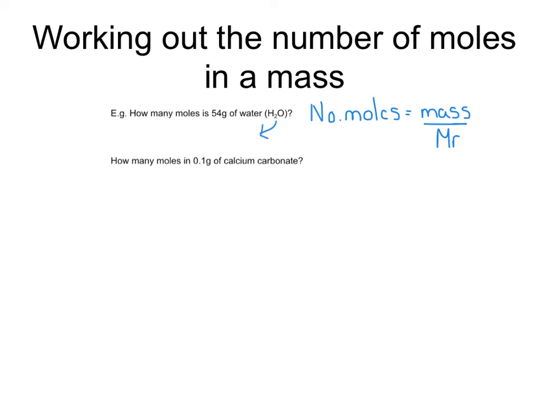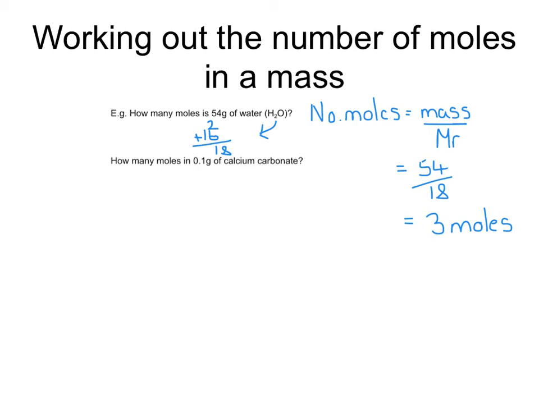I've got 2 hydrogen and 1 oxygen, so I'm looking at their top numbers. When I add them together, this adds to 18. So if I say I've got 54 grams, and I know that 1 mole is 18 grams, and I divide them, I can work out that I have 3 moles in this 54 grams of water.